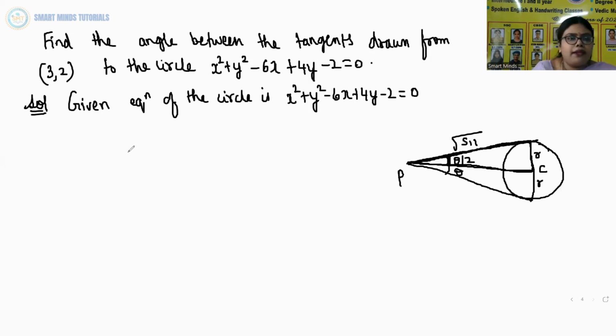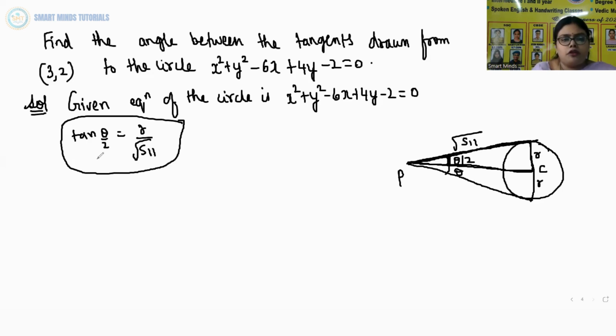Now if we apply tan theta by 2 is equal to opposite by adjacent, so R by root S11. This is the formula for angle between tangents. This formula we are going to use now. So they are asking to find the angle, which means we need to find the theta value.